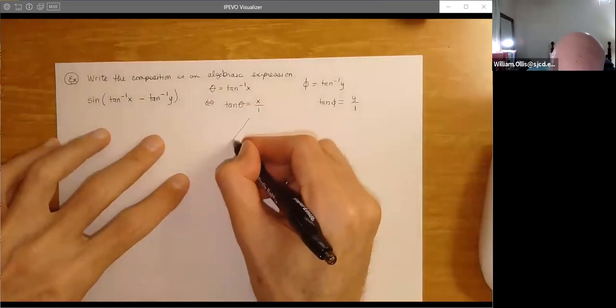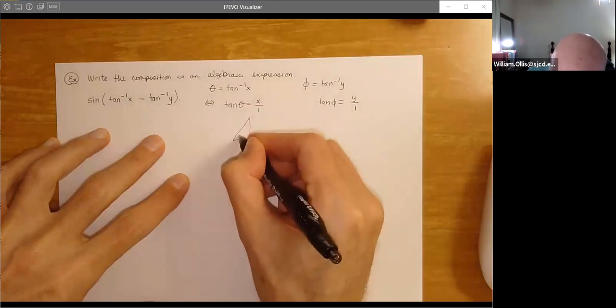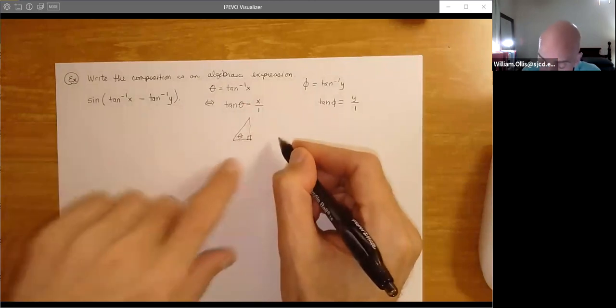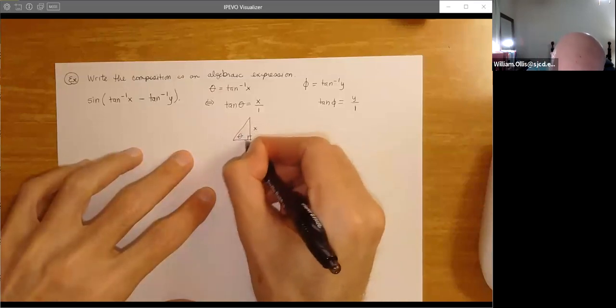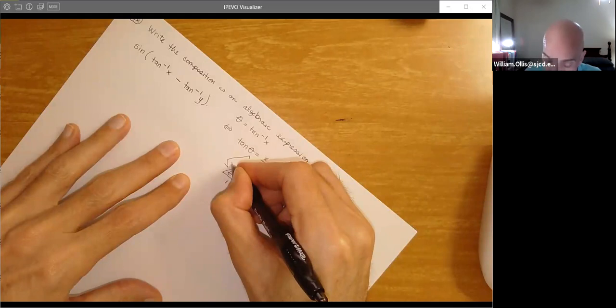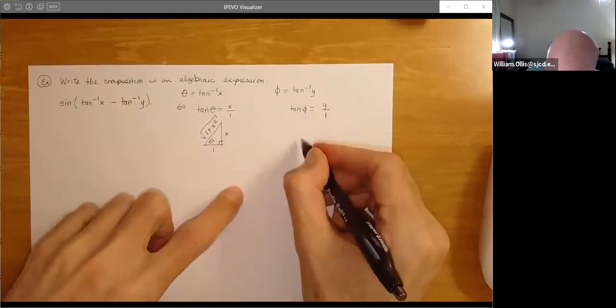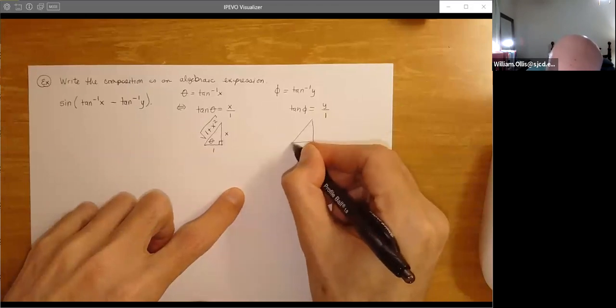So now we can draw triangles, again, the lazy method and the good method, so to speak. So we just have what? Opposite over adjacent, so x over 1. And then, of course, Pythagorean identity, 1 plus x squared, of course, 1 squared being 1. And then, of course, here, the same thing. Do your reference triangle.